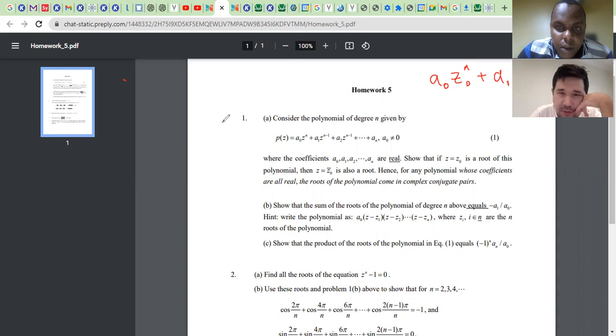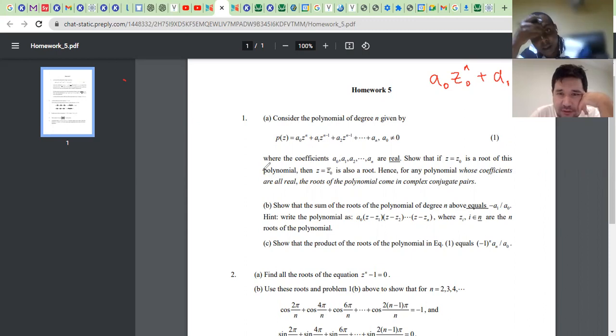I mean, the polynomial, if the root is Z naught. We're saying that if Z naught is a root of this polynomial, then this polynomial equals 0.